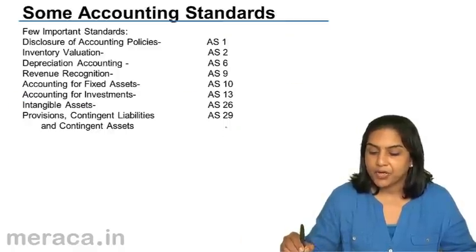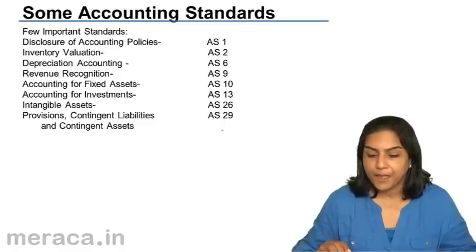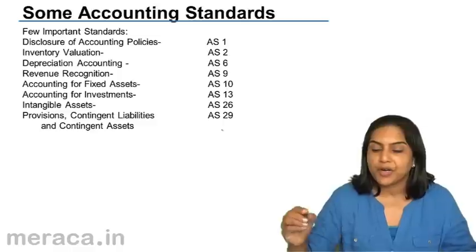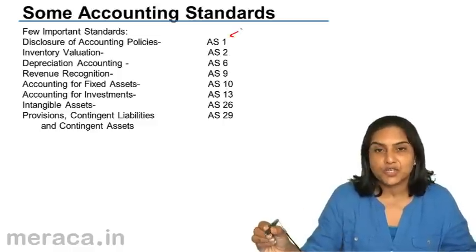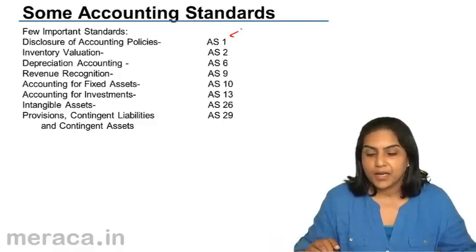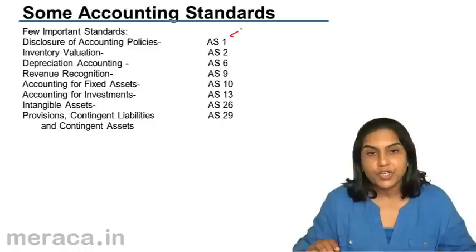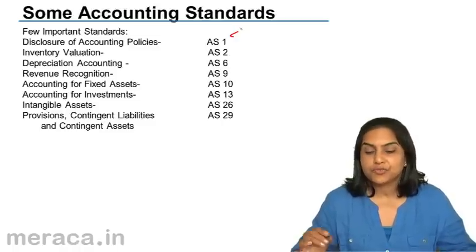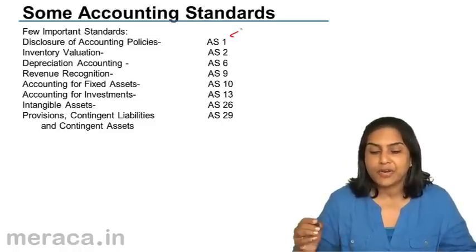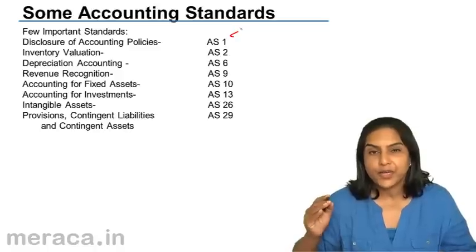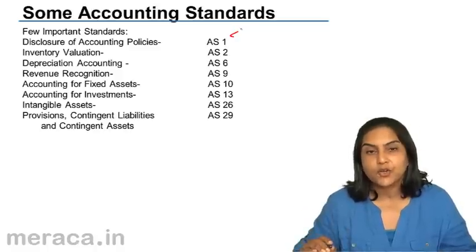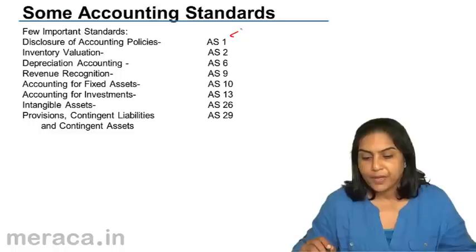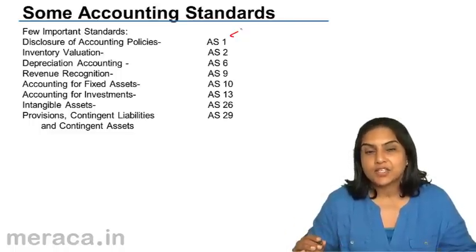Some of the important accounting standards: disclosure of accounting policies is the first one. Next is valuation of inventories. Those of you who are familiar know inventories are valued at cost or net realizable value, whichever is lower. But the valuation of cost also is of different types.